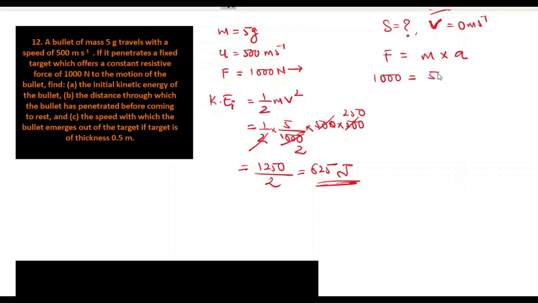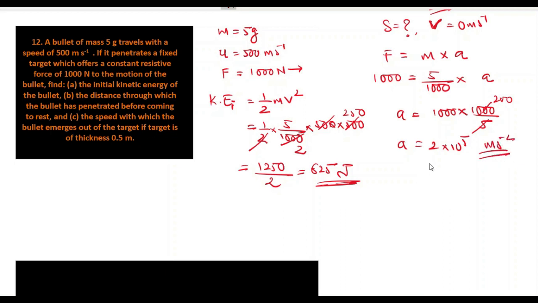What is the mass? 5 upon 1000 kg, since it was in grams, multiplied by a. So acceleration is 1000 upon 5, so this is 200. So acceleration is 2 into 10 raised to 5 meter per second square. This is the acceleration, or actually the retardation.